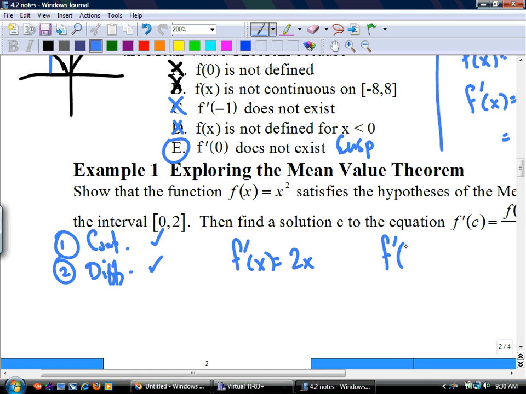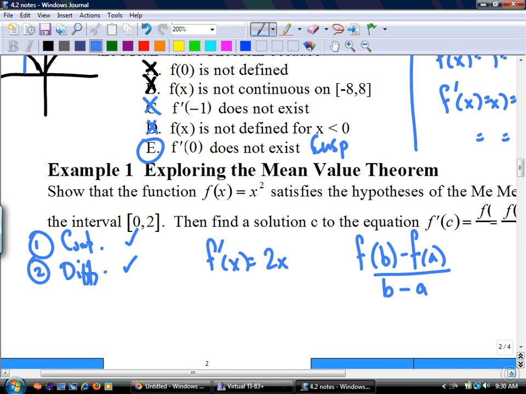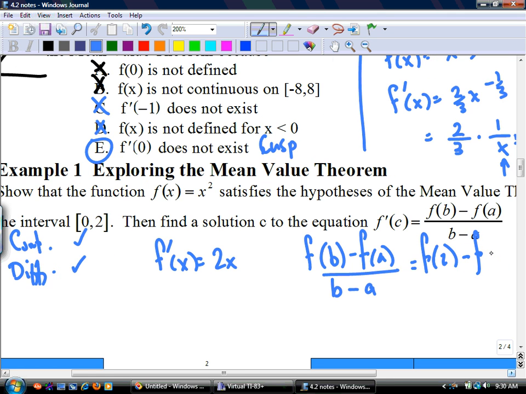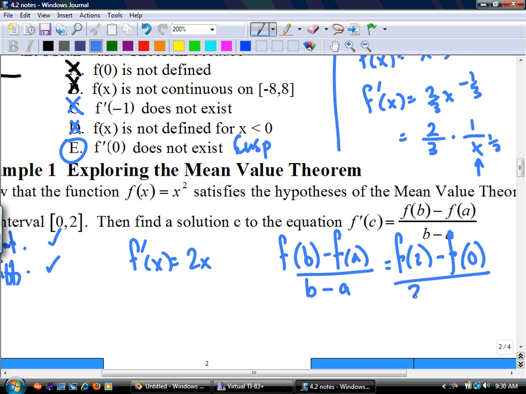F of b minus f of a over b minus a. Well, what's f of b? How'd you get 4? F of 2 minus f of 0 over 2 minus 0. 4 minus 0 over 2 minus 0. So, the slope of the secant line is 2.